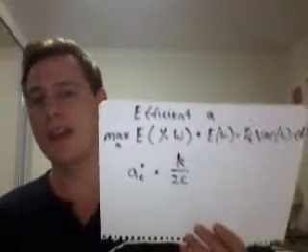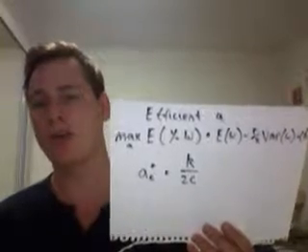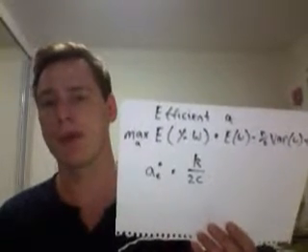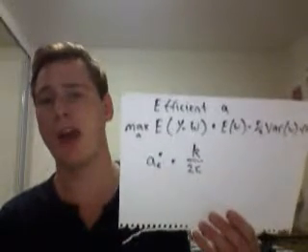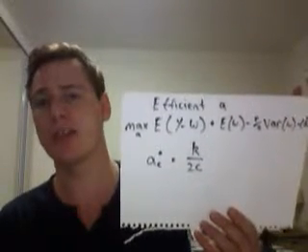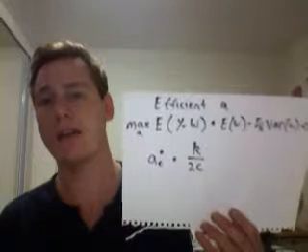So we can add these together and then solve for A. This is the first order condition set to 0 and then rearranged, and we find that the socially efficient level of effort is equal to k on 2c.